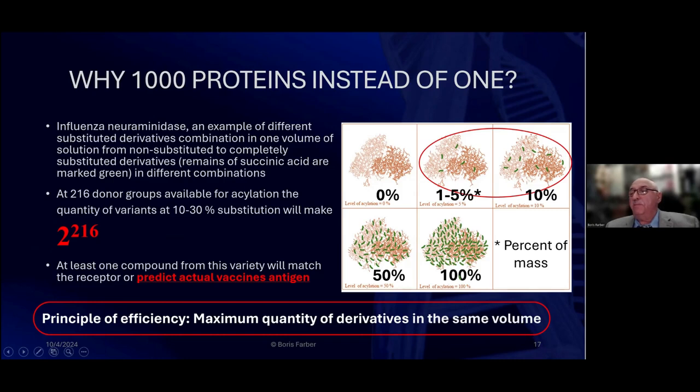At least one compound from this vast majority of components will match the receptor of the vaccine antigen, and the vaccine will be much more effective. Remember our red circle in the beginning of our presentation. No wonder this overlaps all the circles, because dynamic adaptability overlaps all the circles based on these huge options.